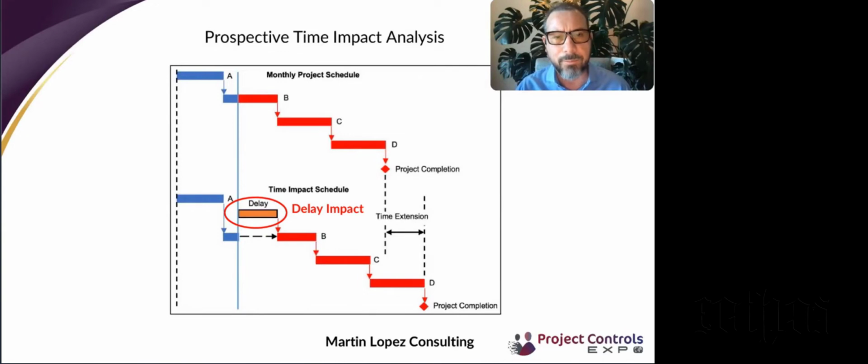This is, for example, a graphic of what a prospective delay analysis or a time impact analysis looks like. Where you see the data date, the blue line is the status of the project, and a delay is foreseen. A delay can be seen up ahead, and as represented in the graphic, it's shown with a bar and the time is estimated.